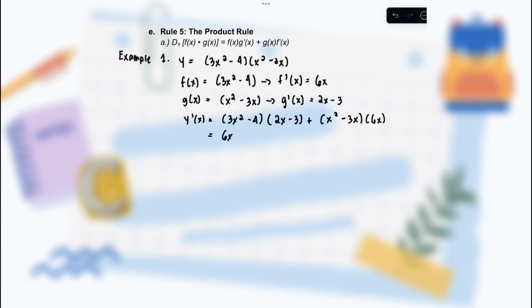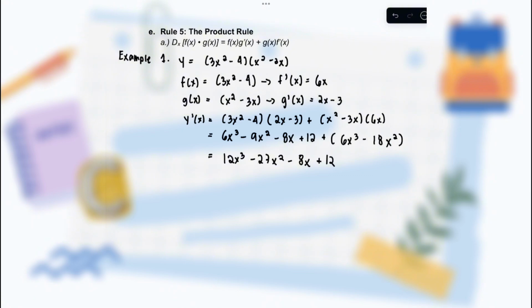Then, simplify to y prime is equal to 6x cubed minus 9x squared minus 8x plus 12 plus 6x cubed minus 18x squared. And combine like terms to get our answer. Y prime is equal to 12x cubed minus 27x squared minus 8x plus 12. And that's how you answer the derivatives guided by its 5 rules.